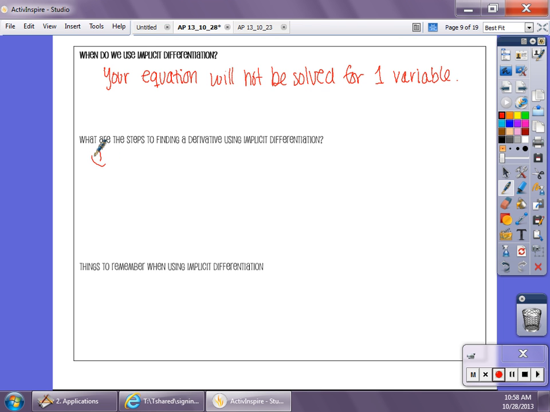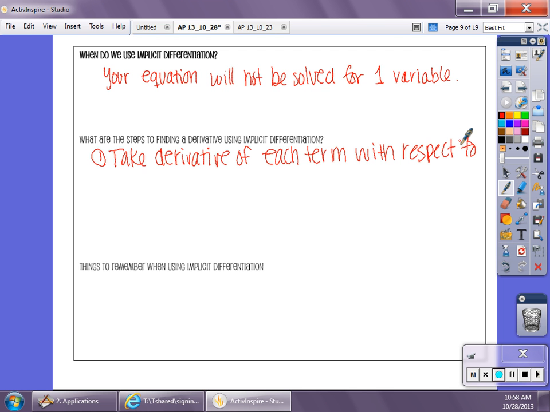What are the steps? Well, first, take the derivative of each term with respect to the variable indicated.